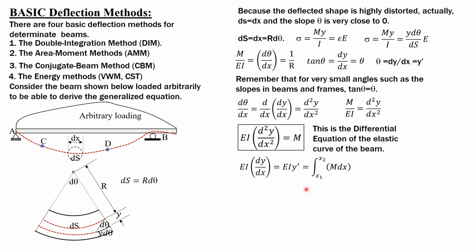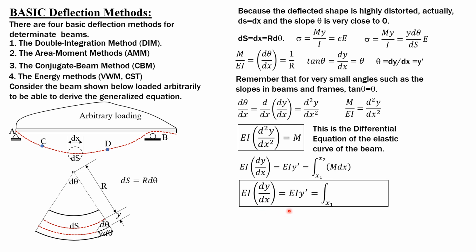Then integrating further, so by the way, this represents the slope of the tangent to the curve. Integrate EI dy dx is equal to EI y prime, or integral from x1 to x2 of M dx plus c sub 1. Now, c sub 1 is interpreted as the slope of the tangent at the origin.